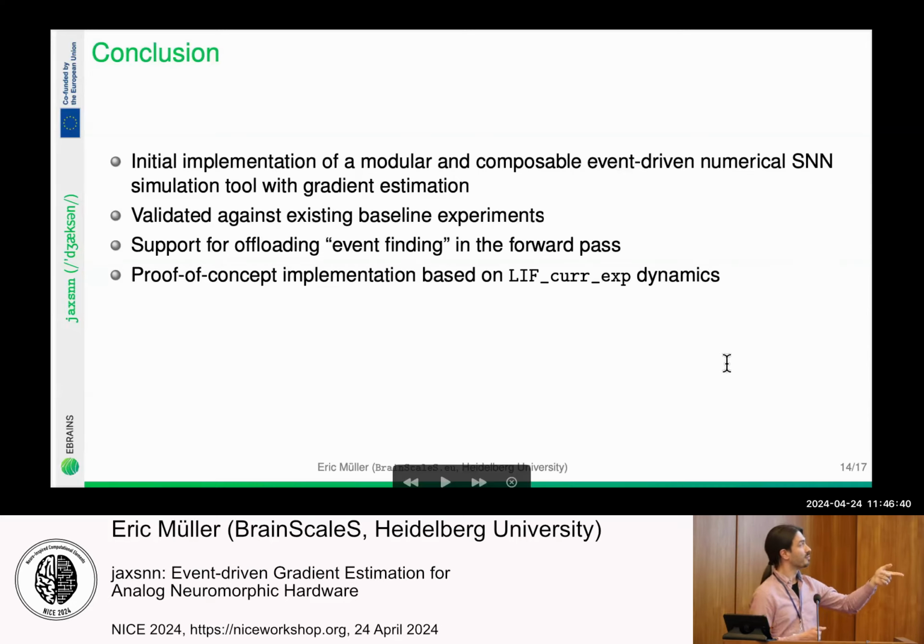We can offload to the BrainScales hardware, and we can offload to a hardware simulation that emulates some of, or tries to incorporate some of, the properties of the hardware, like noise and quantization of the weights and stuff like that. And currently, the proof of concept implementation is based on leaky integrate and fire current-based exponential synapse dynamics. So it doesn't yet incorporate the adaptive exponential integrate and fire dynamics that the BrainScales 2 system has. Also, there's no support for multi-compartment neurons, but that's basically what we have now.